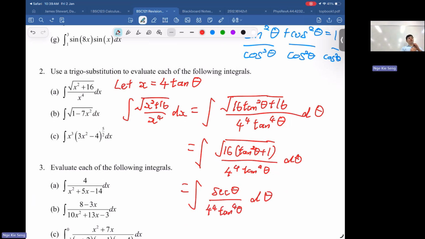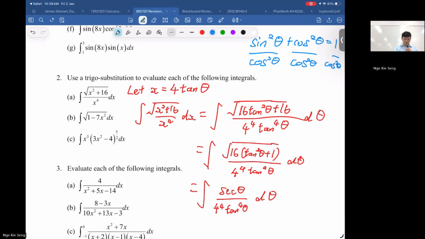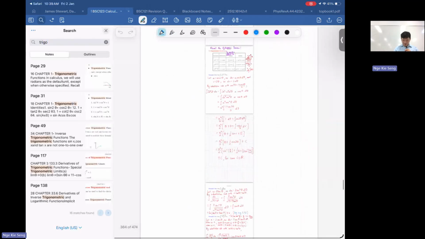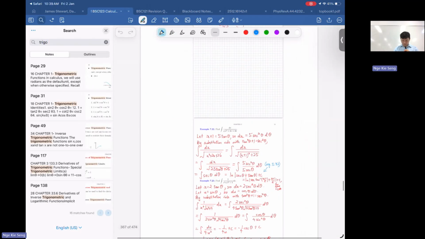Okay, so how do you deal with secant theta and tangent theta? I think you need to know the relation between them, like what's their derivative, for example. What derivative do you know about? Let me see, did we record any useful derivative here?